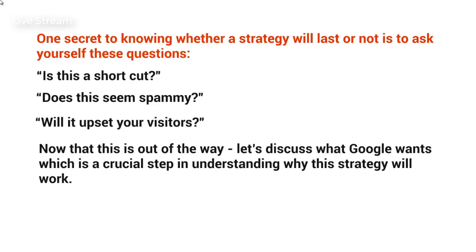So now you have an idea: don't upset the visitors. If it's spammy, if it's a shortcut, this is going to upset them, right? So what is it that Google wants in relation to this? Well, we'll talk about that in the next video.